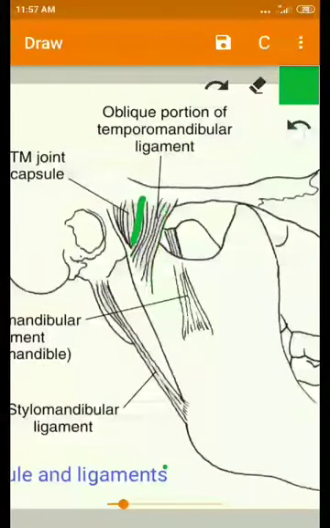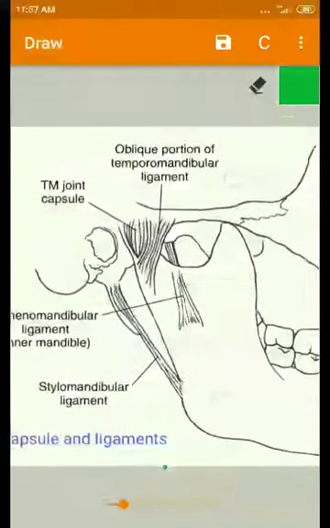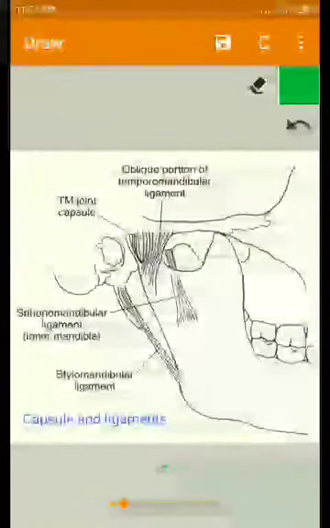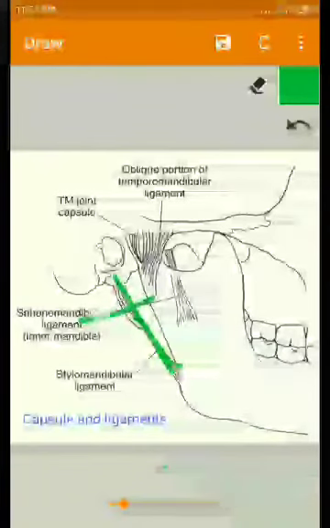This is one of the strongest ligaments. The next ligament is the stylomandibular ligament. Another ligament, an accessory ligament, is the spinomandibular ligament.